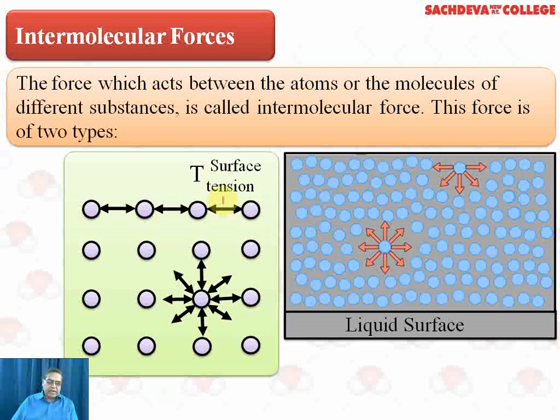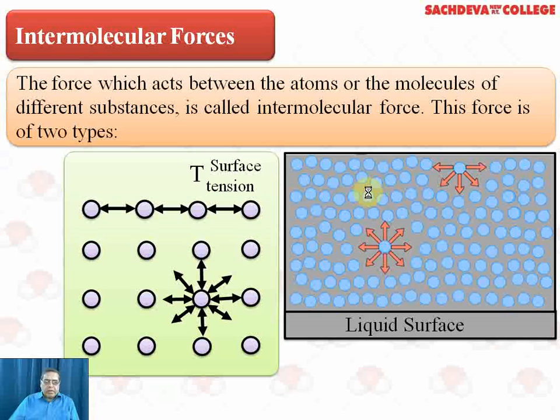And in the left side figure, again, there are many molecules, and surface tension means that the molecules are at the surface, and in between, attractive forces dominate. The same is the case when the liquid molecule is inside, and that molecule has attractive forces working between the other molecules within the liquid.